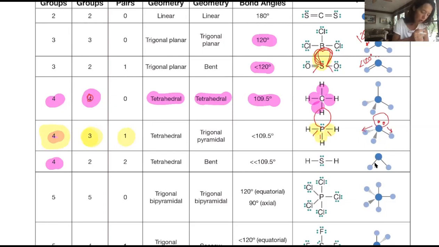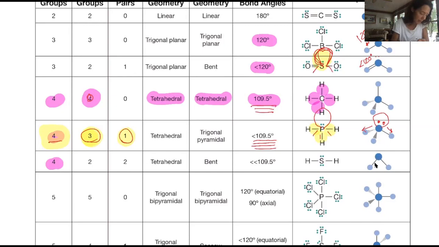So we now are not at 109.5. We are more like 107.5. That is a question that will pop up, okay? What is the bond angle for a 4 domain, 3 bonding, 1 non-bonding?